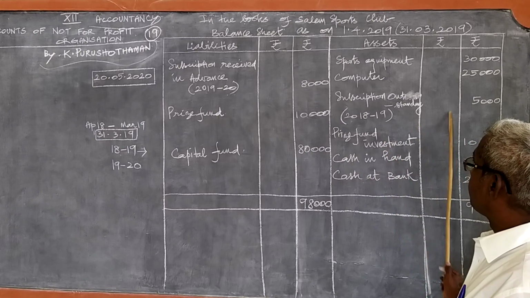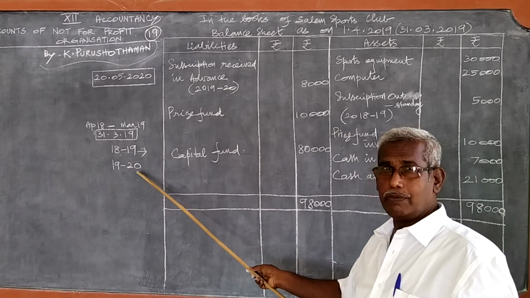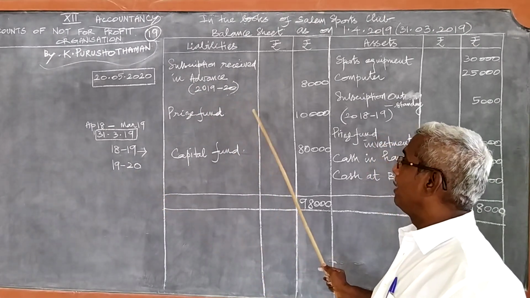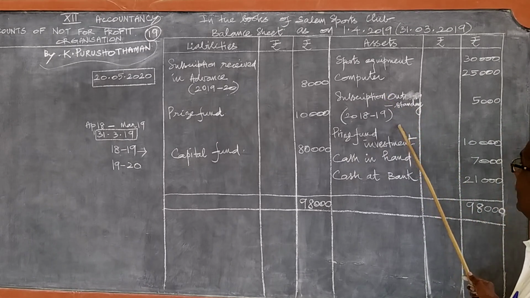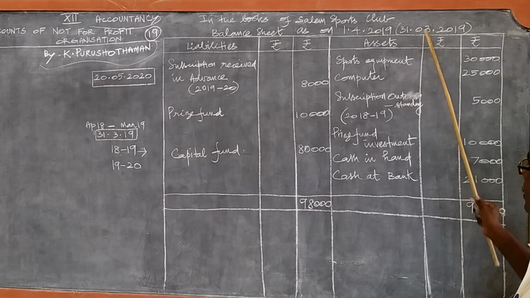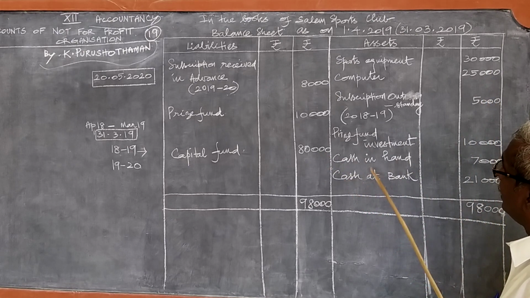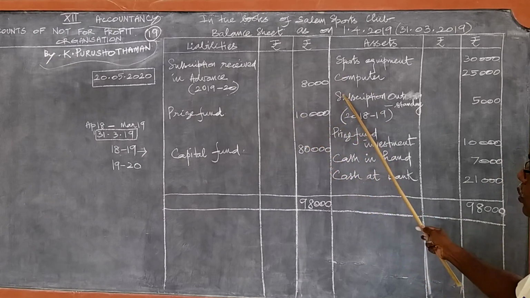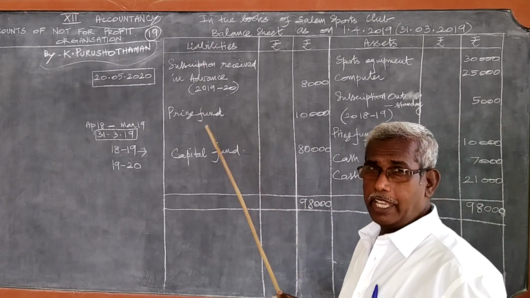Subscription received in advance, received for the future, is therefore a liability. For the current year, if there is any subscription pending, it is outstanding subscription and must be written on the asset side. So we have completed posting all the amounts here. Now we can find the total. Asset side 98,000, liability side only 18,000, the balancing figure 80,000. This is otherwise called capital fund.